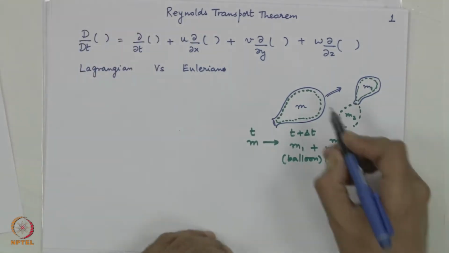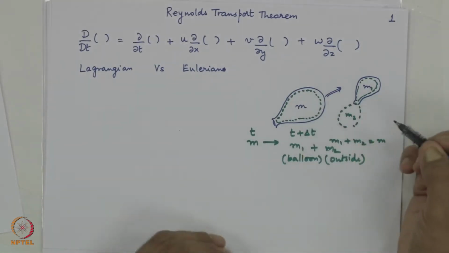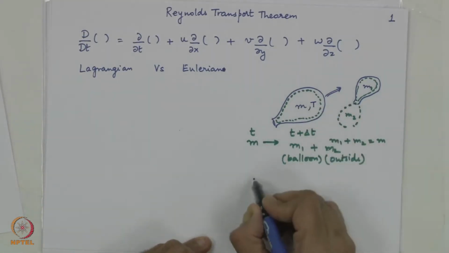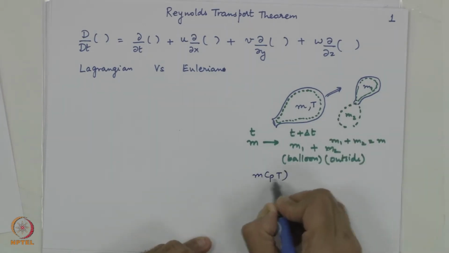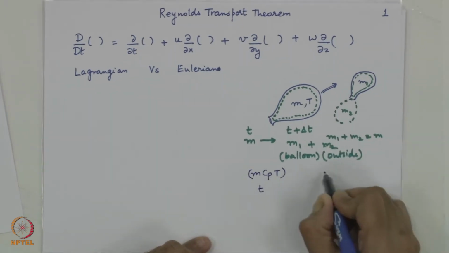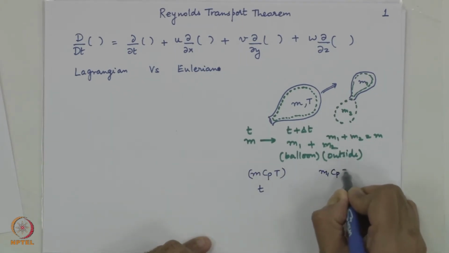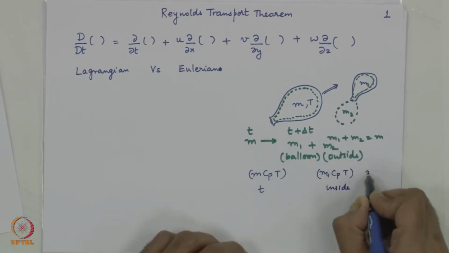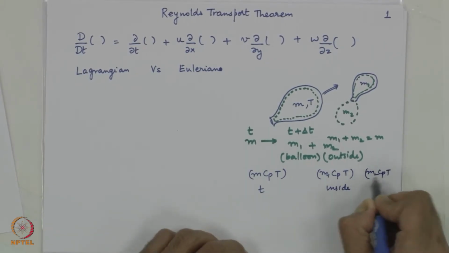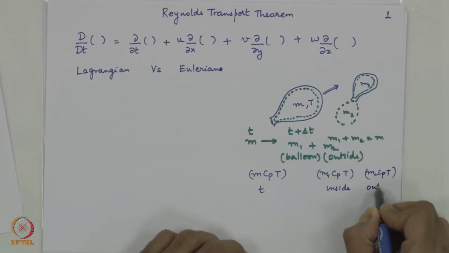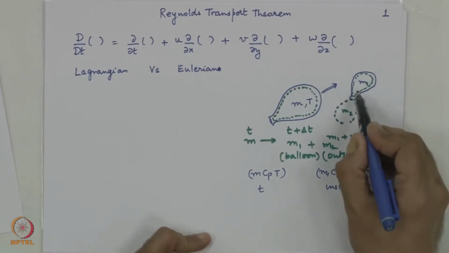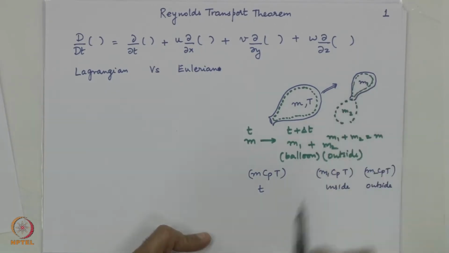This air had certain energy by virtue of having a certain temperature. So, m Cp T would have been the energy content at time t. Now, it is m1 Cp T inside the balloon, and what has gone out is m2 Cp T. So, when I have to do the budget, I have to take care of what is now inside the balloon and what has come out.